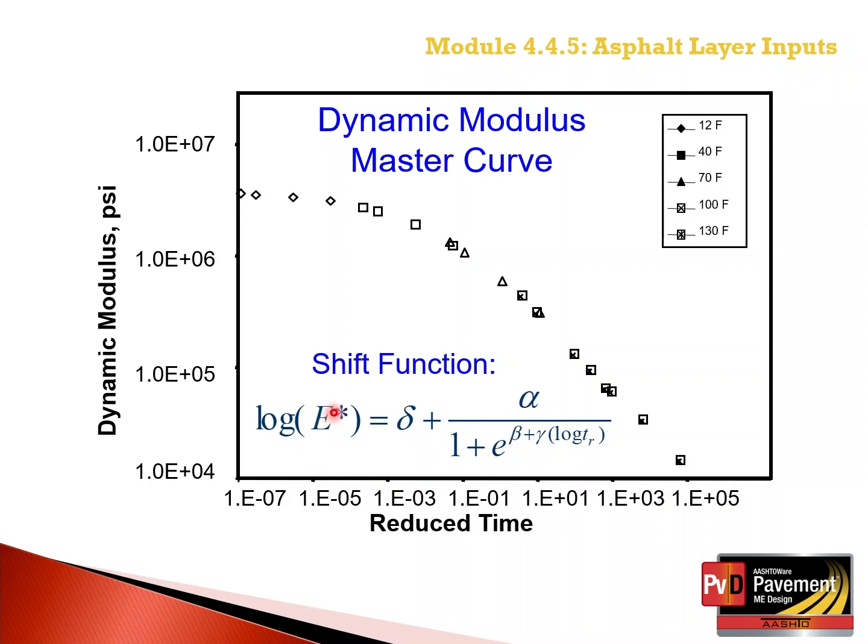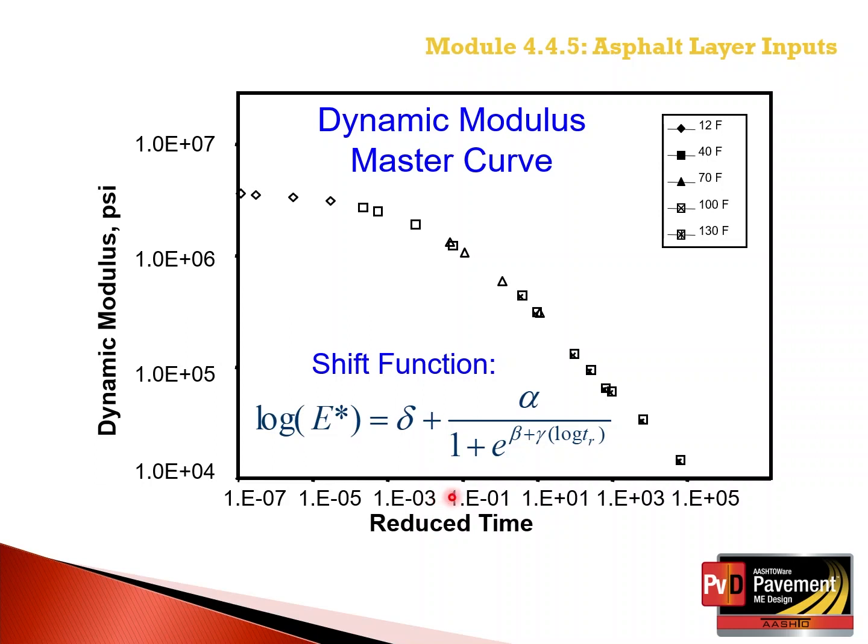T subscript R is the reduced testing time, and the coefficients gamma, beta, alpha, and delta are regression coefficients determined from fitting the data to create a master curve.